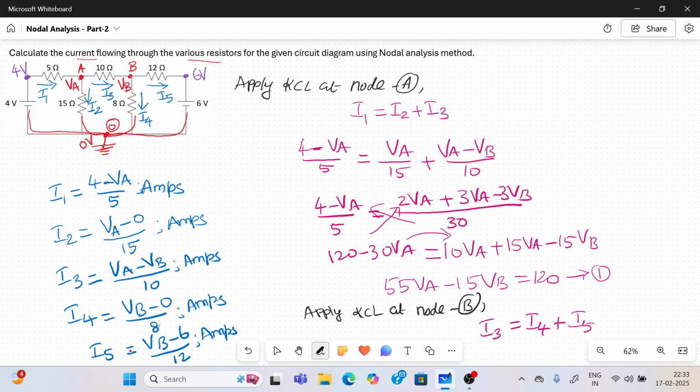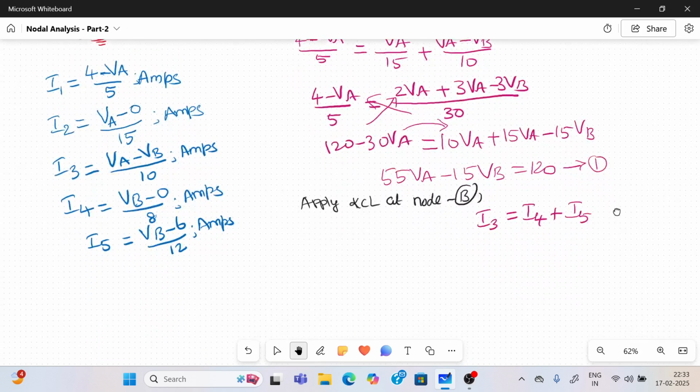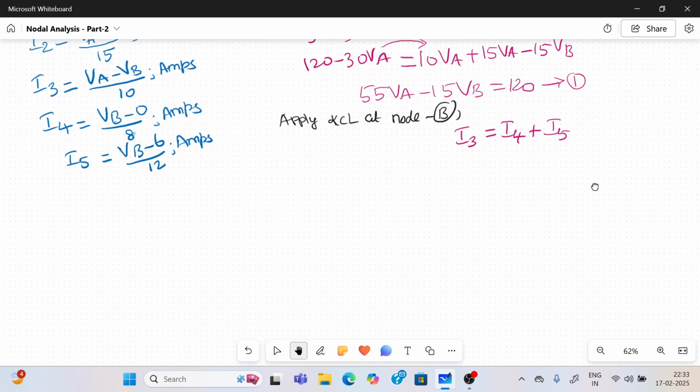Take your I3, I4, I5 and substitute here. What happened? So what is I3?